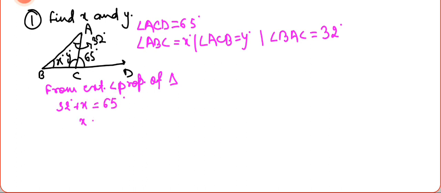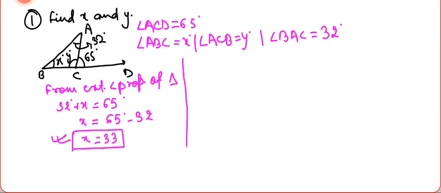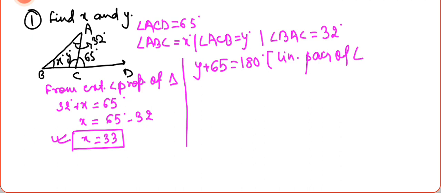Okay, so x is equal to 65 degrees minus 32 degrees, which can be written as x is equal to 33 degrees. So we have to apply this. That is why we went through this property. Okay, now the next thing is to find the value of y. y is very simple: y plus 65 degrees is equal to 180 degrees due to the linear pair of angles. Okay, so y is equal to 180 degrees minus 65 degrees, where y is equal to 115 degrees.